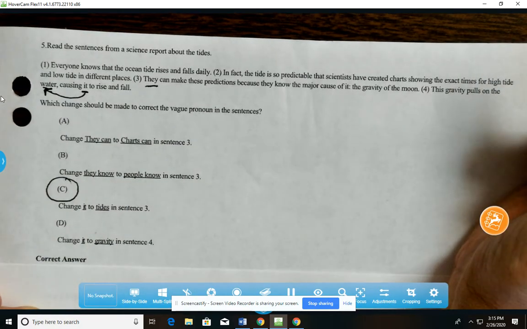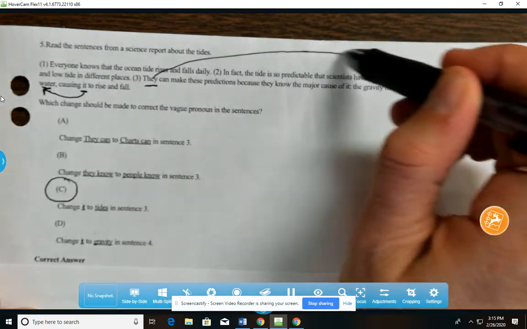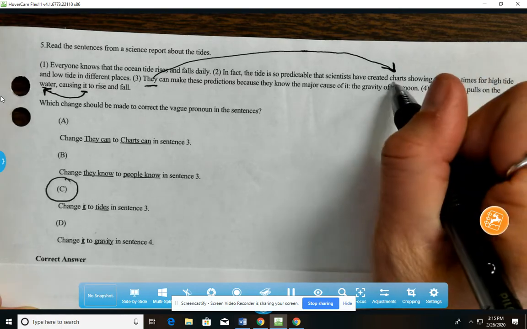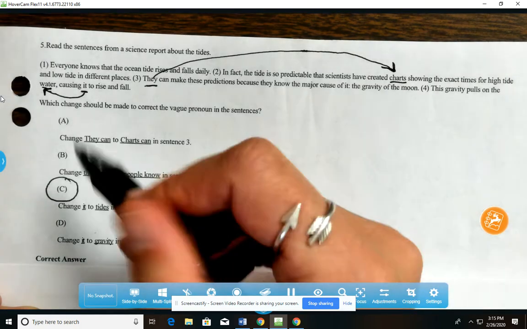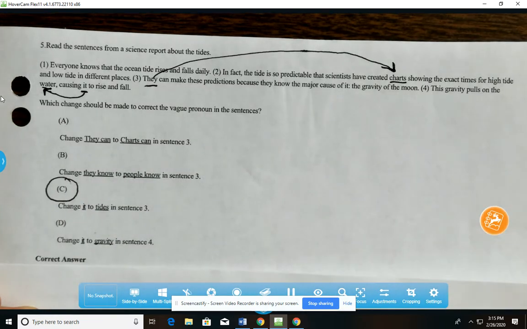So the antecedent in this case obviously is the word they want us to replace it with, charts. Because of that, it has a clear antecedent, and charts is a noun. So it clearly refers back to one area. There's no need to make the change. Same with B, changing they know to people. They is referring back to people, but it's clear. There's no confusion there. There's no reason to worry about it.